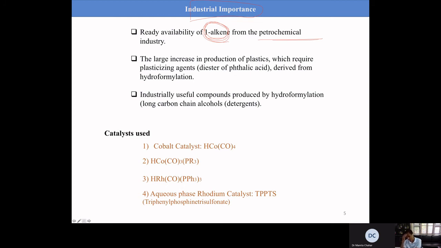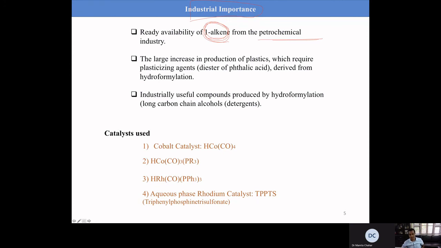One alkene, if you can convert into something useful such as aldehyde, that's very important, because these are feedstock, readily available, cheap materials, and just by using hydrogen and CO, you are converting into aldehyde. So these are truly groundbreaking reactions.